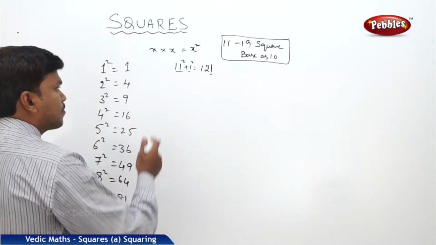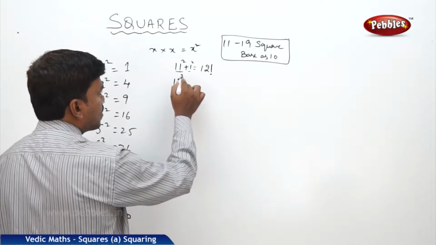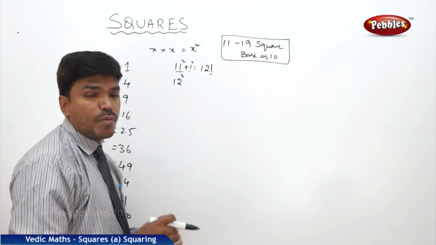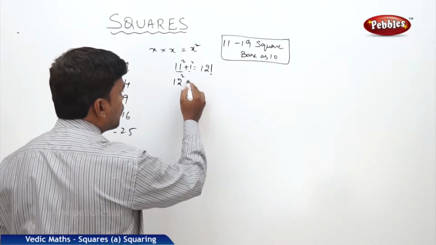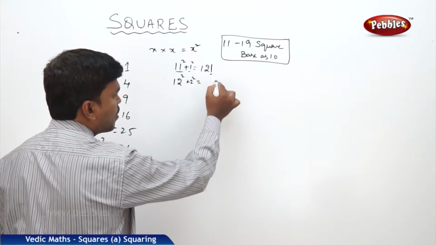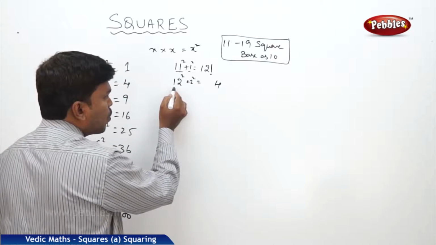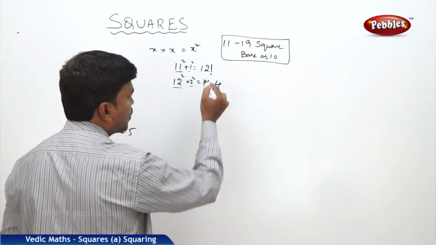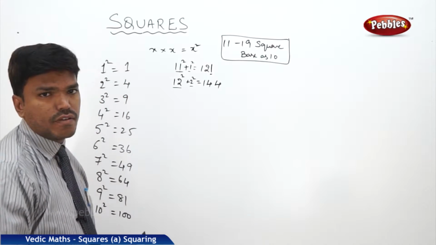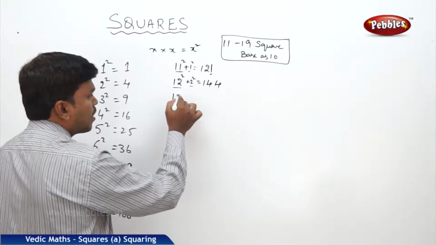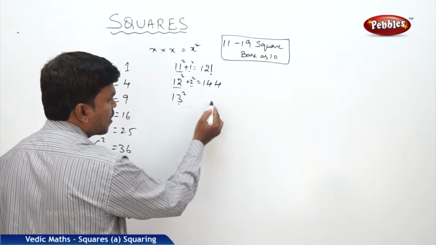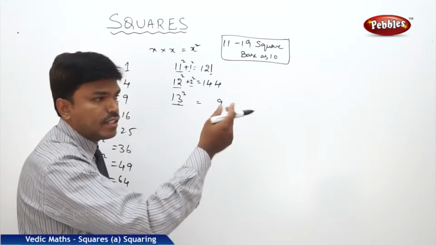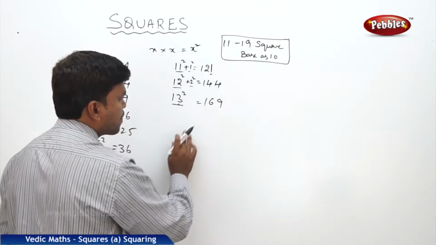One more example. Suppose I need 12 square. If you compare with 10, 12 is how much more? 2 more, right? So what is 2 square? 4. Now 12 plus 2, 14. So the answer is 144. Similarly 13 square. 3 square 9. 13 plus 3, 16.